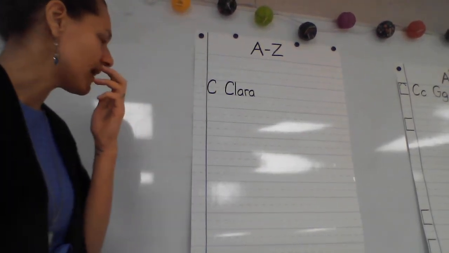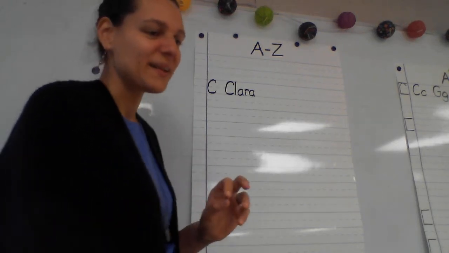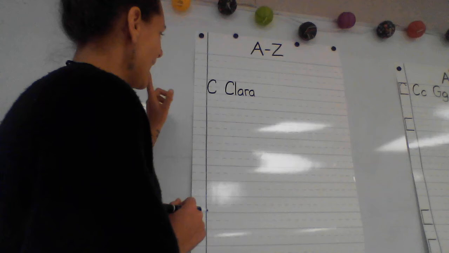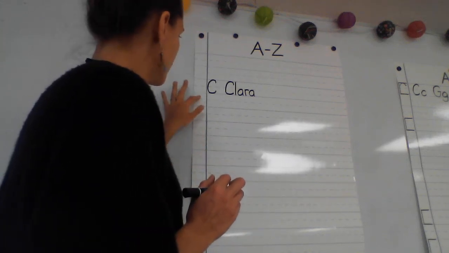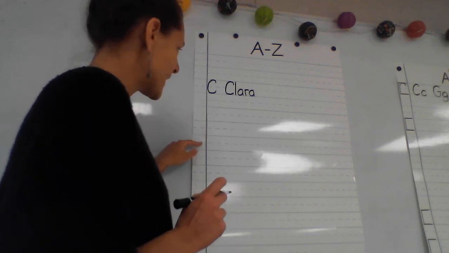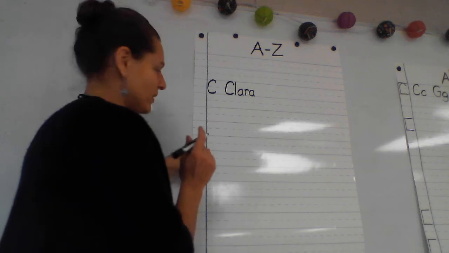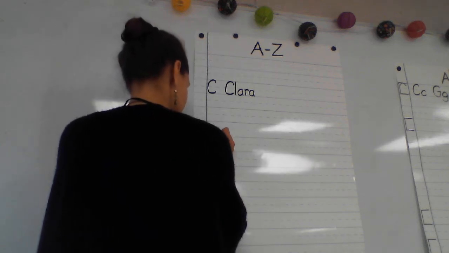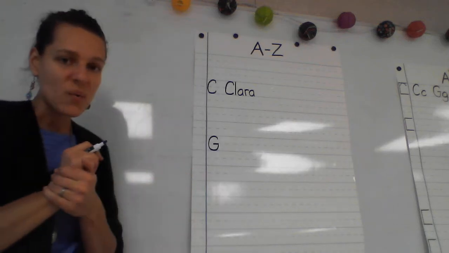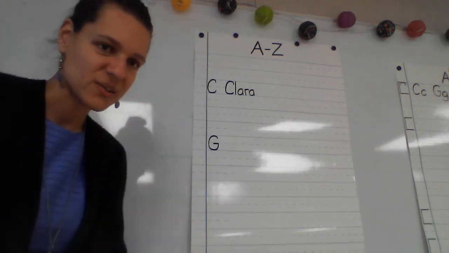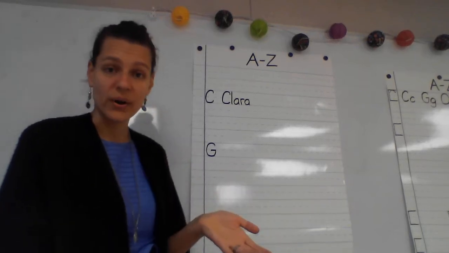All right, the next one that we learned was our G, J. Okay, so we're going to write that, let's see. We're going to put it right here. We're going to write our capital G, J. All right, well, we also have a student in first grade whose name starts with G, J, and that's Gabriel.